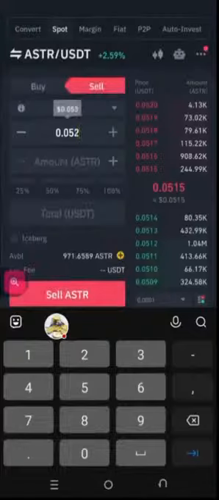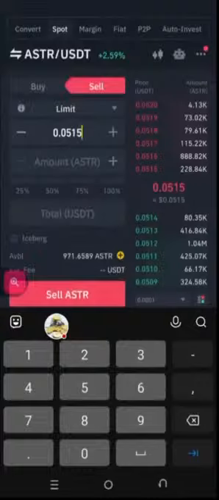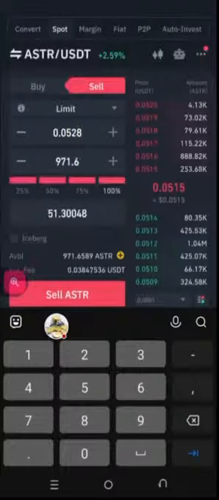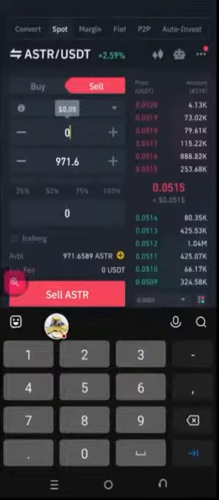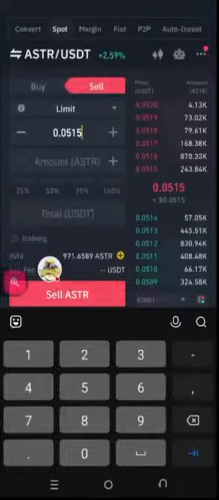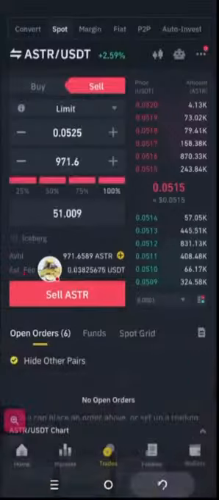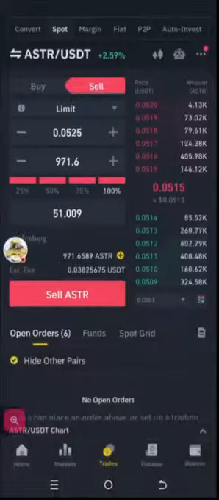Let's see what 525 will give us. I think that will be good. 525. Alrighty. Good. Target of 2%, and then we're good.